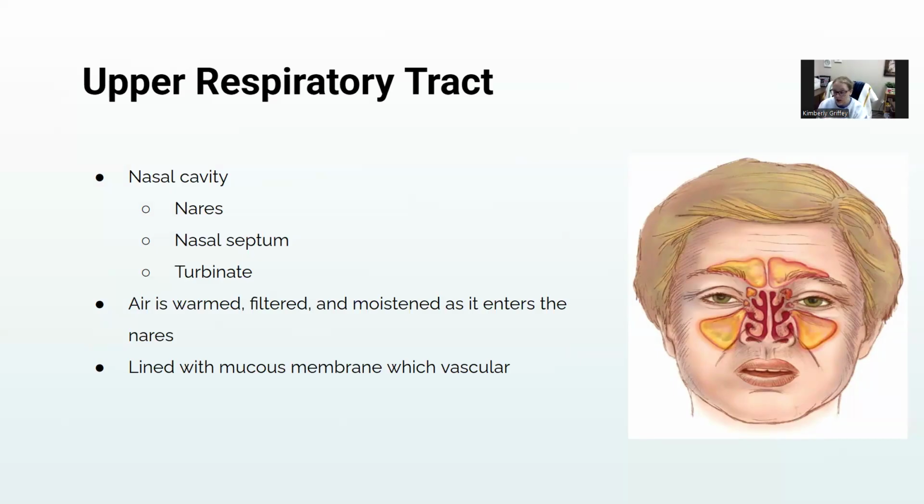And then the internal nose is divided into 2 nasal cavities that are separated by the septum. So your septum's the bridge or the middle separating the nares. And then each nasal cavity contains 3 passages called turbinates. And those are kind of like scroll-like bones.